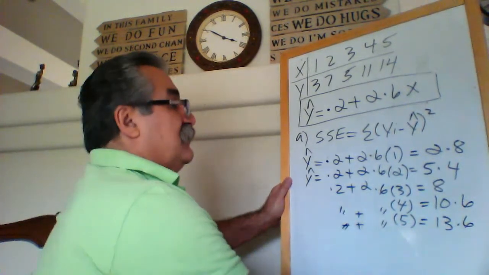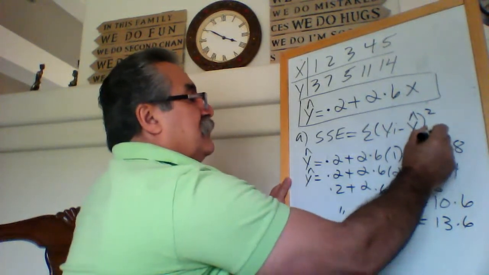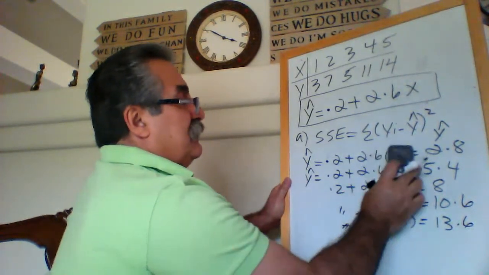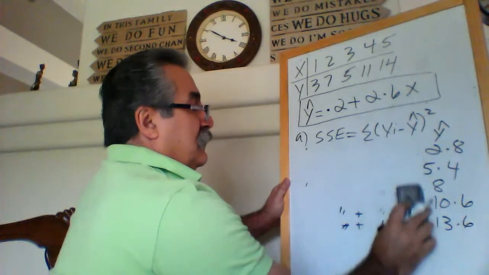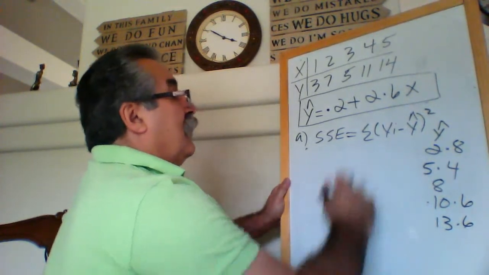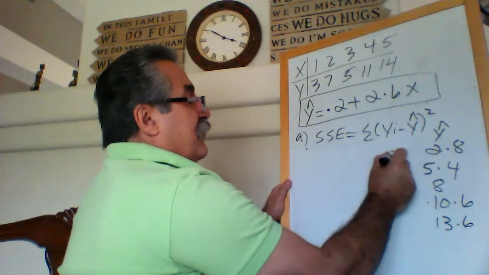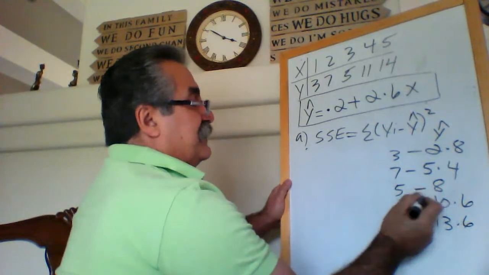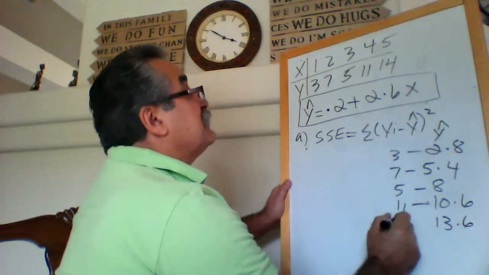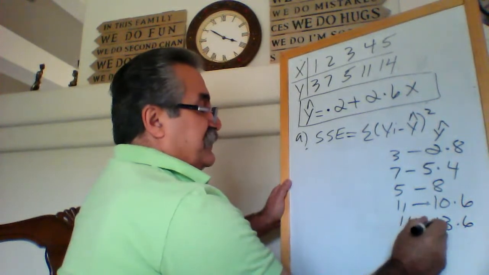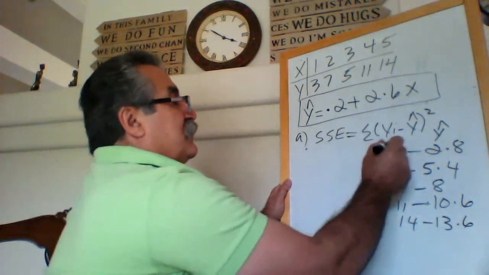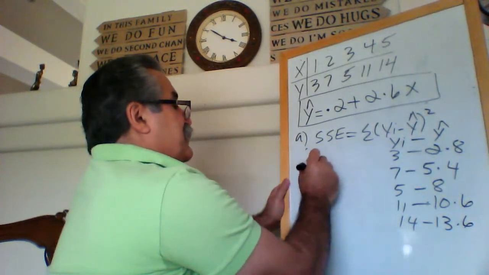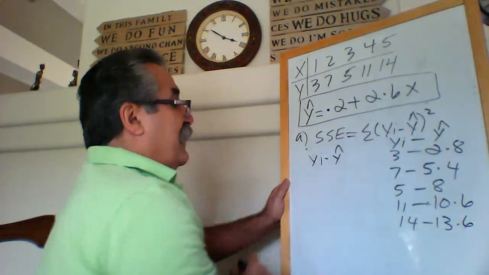Now we do yi: 3 minus, 7 minus, 5 minus, 11 minus this, and 14 minus that. So yi minus y hat. I'm going to write down the answer in here.